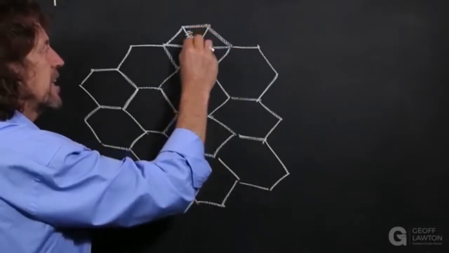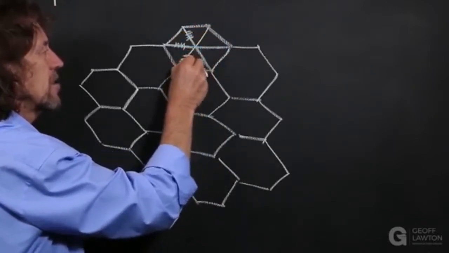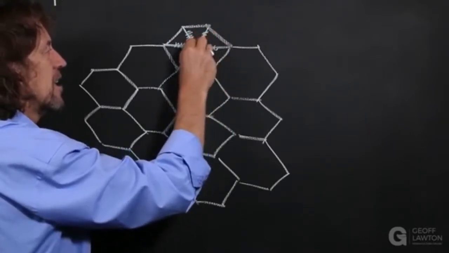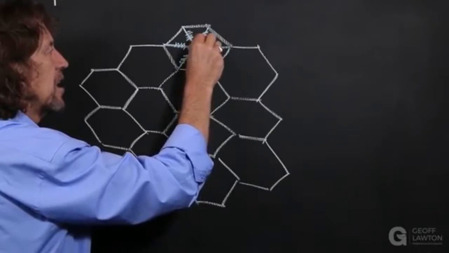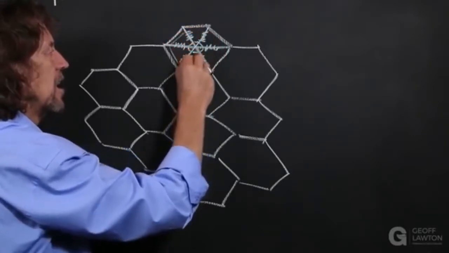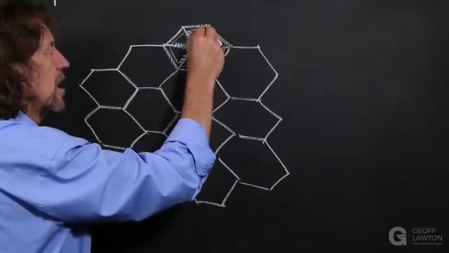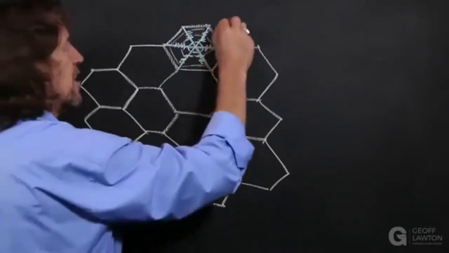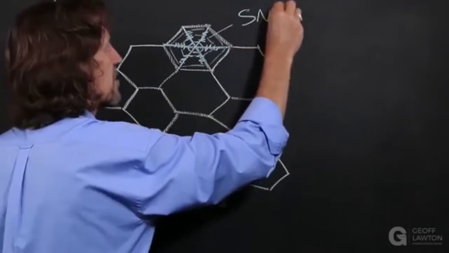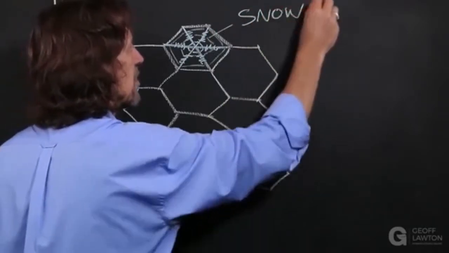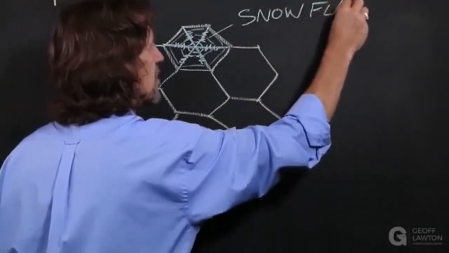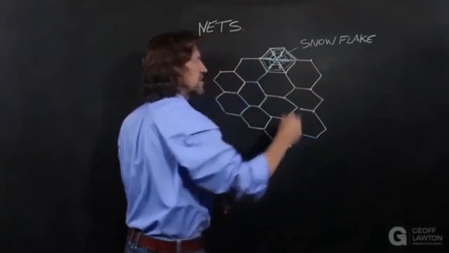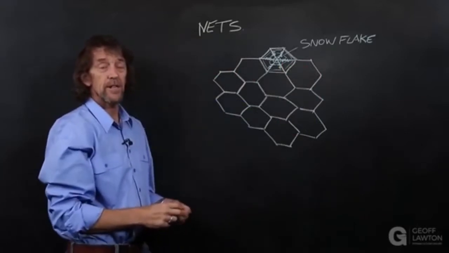And then if we pattern that in however we like, what we're actually patterning here is roughly a snowflake. Water freezes in a six-sided pattern. So all snowflakes are six-sided stars, six-pointed stars.